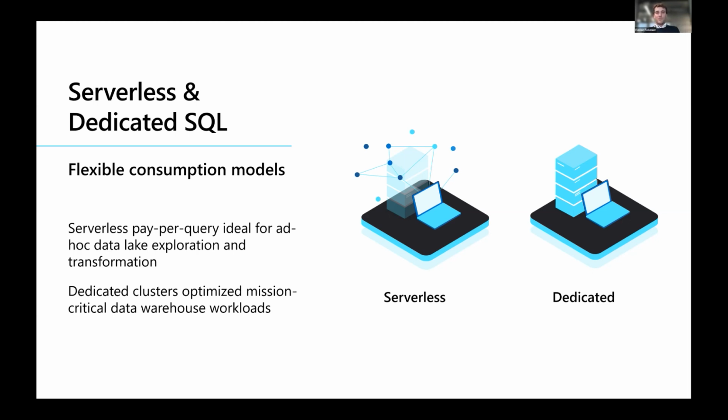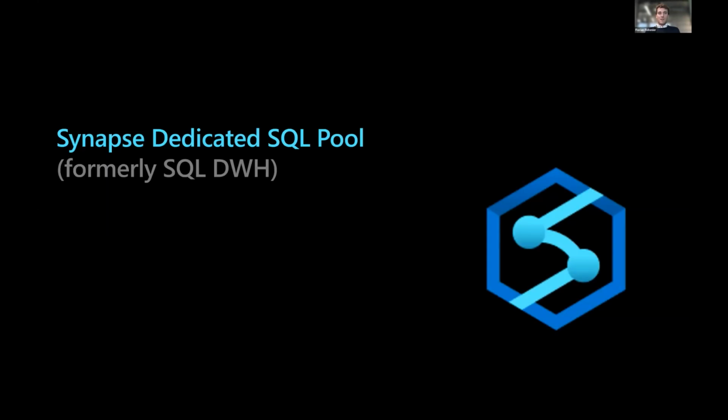So dedicated SQL pools are really for mission-critical workloads. Maybe you already have a SQL data warehouse on-premise, then dedicated SQL pool would be the product that could really replace this in the cloud. It was formerly called SQL Data Warehouse. So as the name says, this is really for data warehousing.